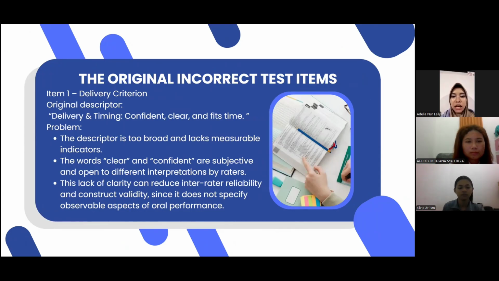Second, the words clear and confident are subjective and open to different interpretations by readers. And the last is that this lack of clarity can reduce inter-rater reliability and construct validity since it does not specify observable aspects of oral performance.